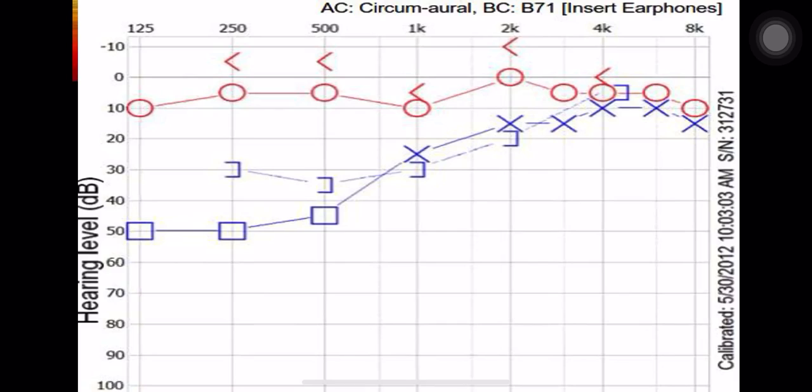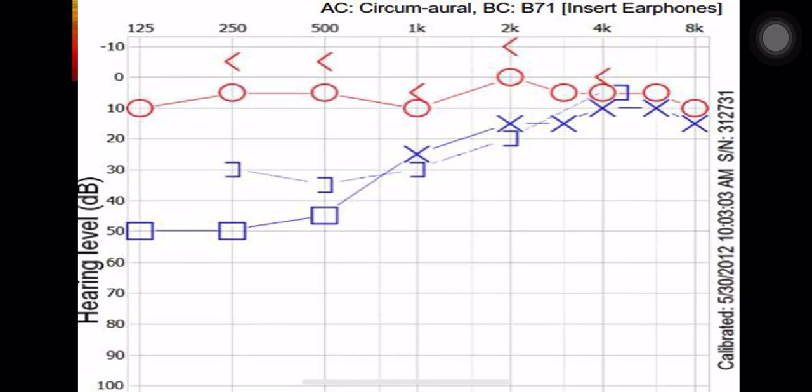Now look at this audiogram. Here both the air conduction and bone conduction of the right ear and the air conduction and bone conduction of the left ear are given. So let us see the right ear. Right ear, everything is normal within 25 decibels. But look at the left ear. In the left ear, both bone conduction and air conduction are normal at high frequencies, but they show mild hearing loss in the low frequencies.